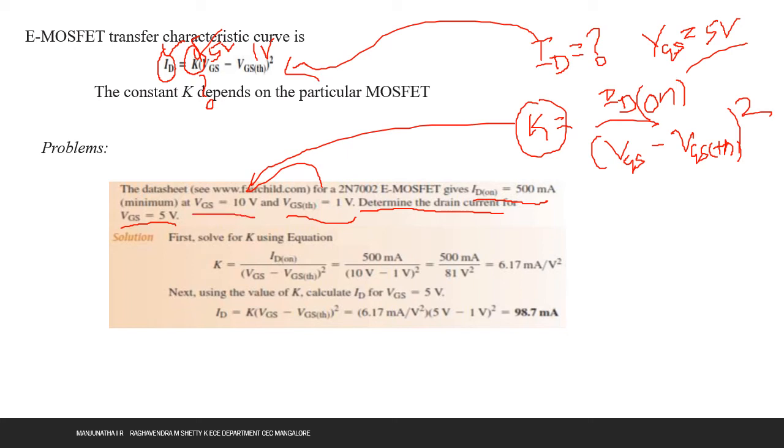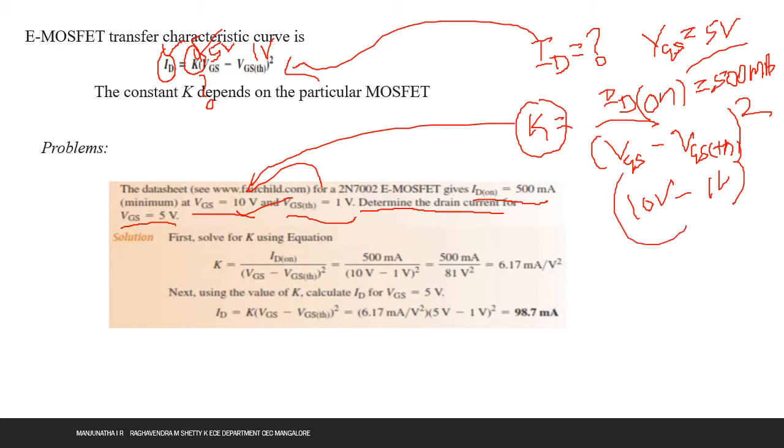So ID on or ID minimum value is given as 500 milliamps, and VGS is 10 volts minus VGS threshold. It's a constant, right? Threshold value is always constant.